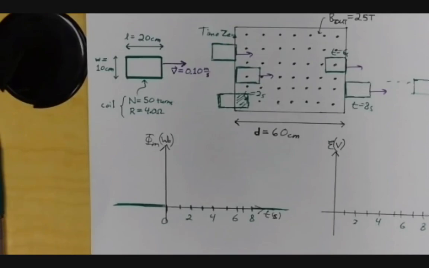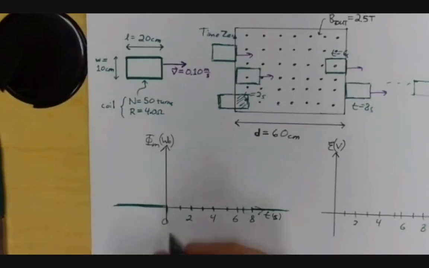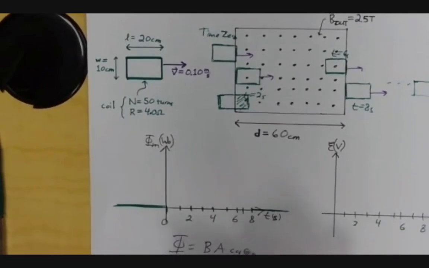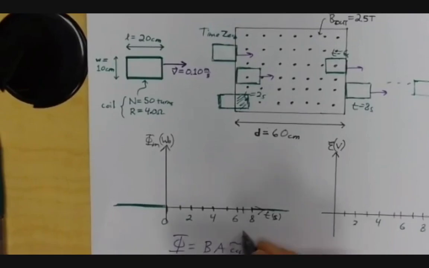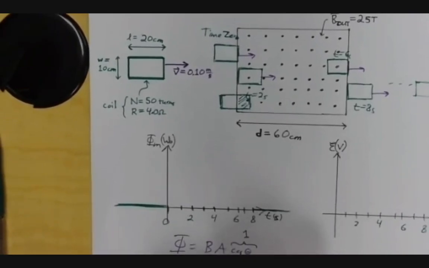So that'd be a 0 degree difference in angle between B and A, and cosine of 0 is 1. This is the orientation of the loop to get the most flux we can get. So we can set that part aside. Our flux is BA cosine theta. Well, the cosine theta is 1, and all that matters is the area inside the field.